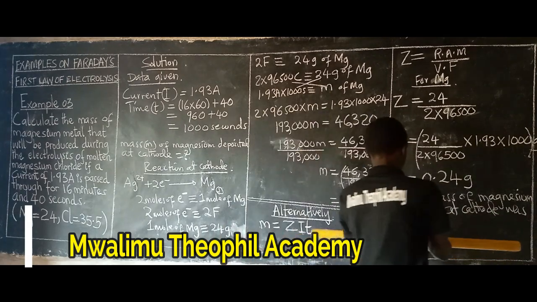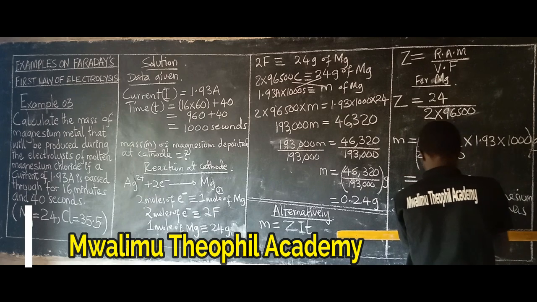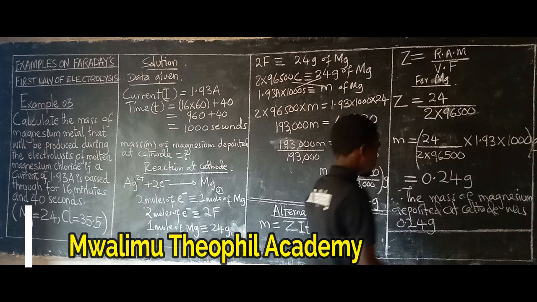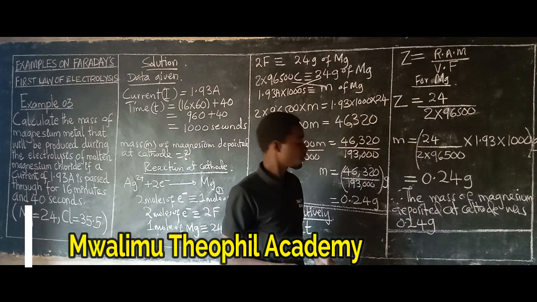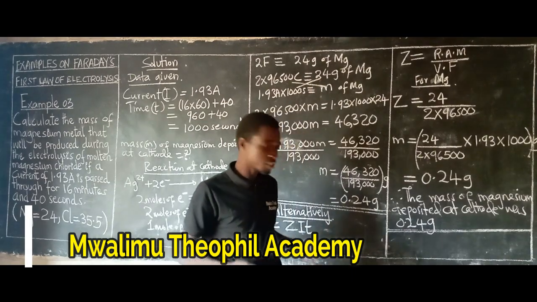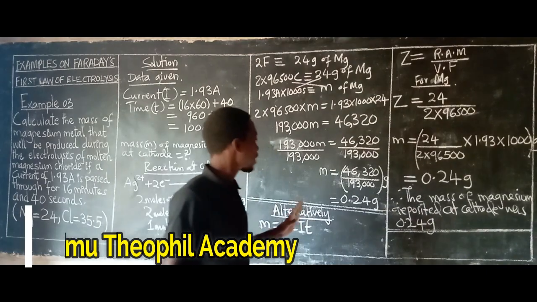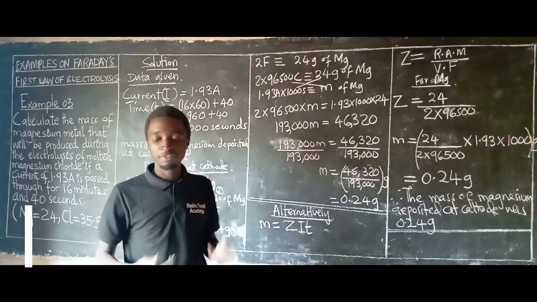This is the answer for our question. This is the answer for this third example, and I hope your competence is increasing now on the way to tackle different problems concerning Faraday's first law of electrolysis. Let us see our fourth example.